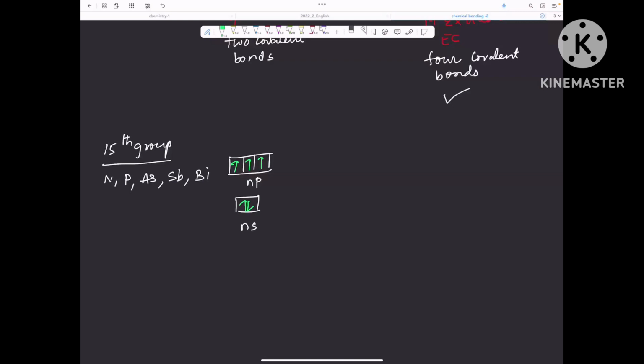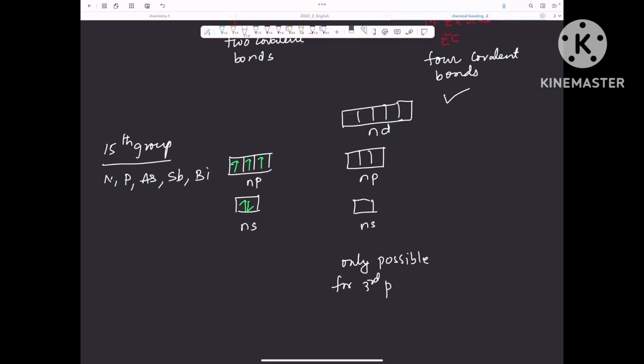Now we make another diagram with ns, np, and nd, which is only possible for third period onwards.